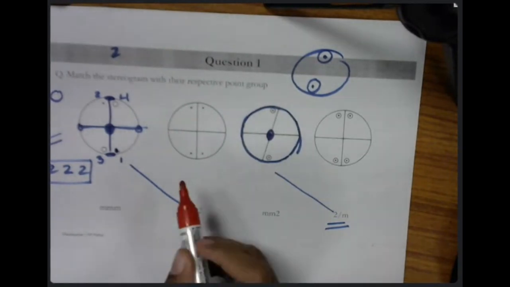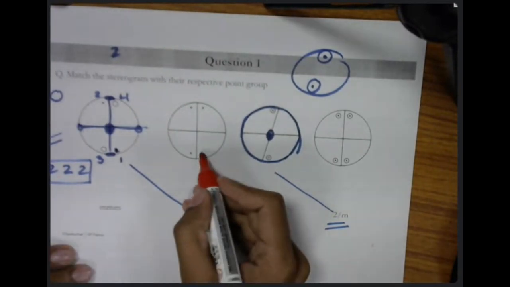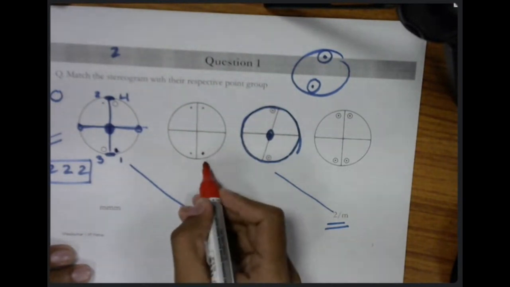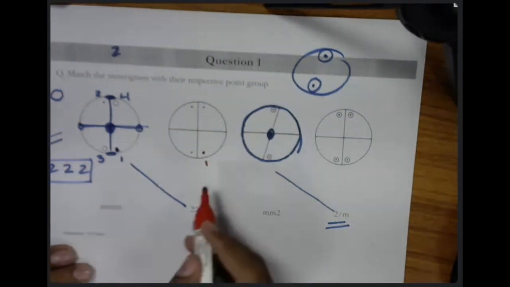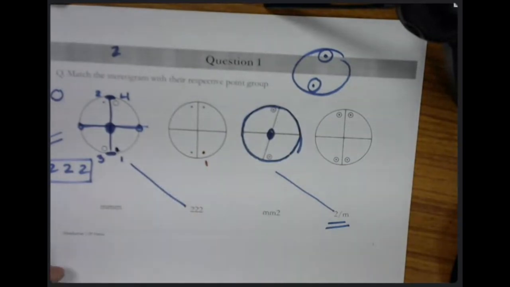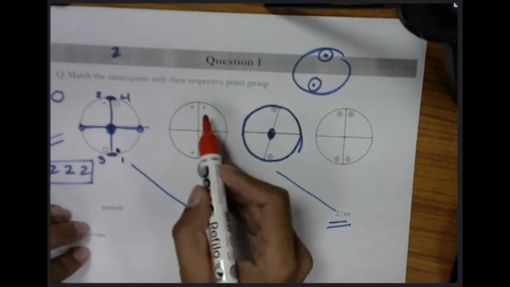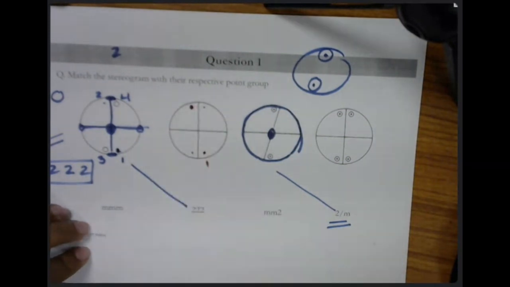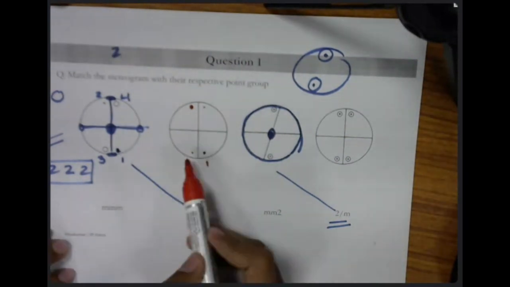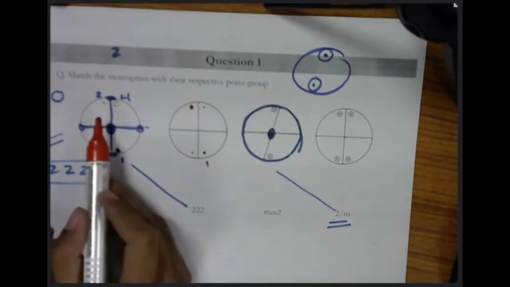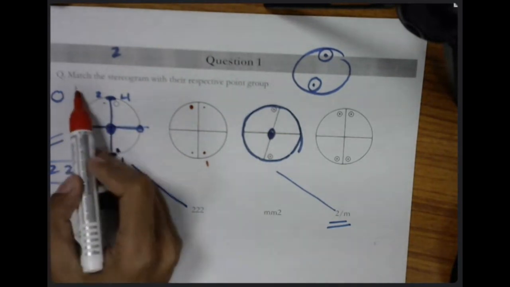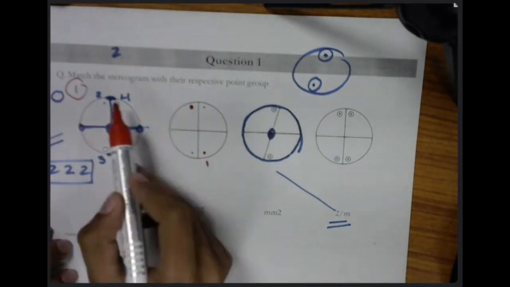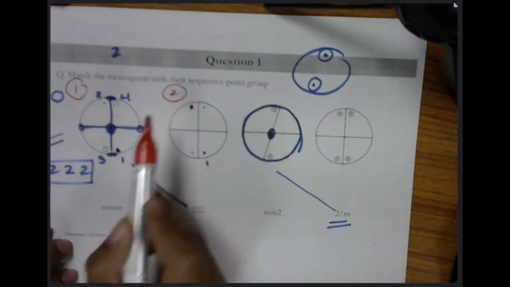Here we can see that if this is my starting point, point number 1, how can I get the other points? If I rotate by 180 degrees, I won't get this particular point, I will get this point. So it might be possible that a twofold is there. How can I get other points? What is the difference between the first stereogram and the second stereogram?